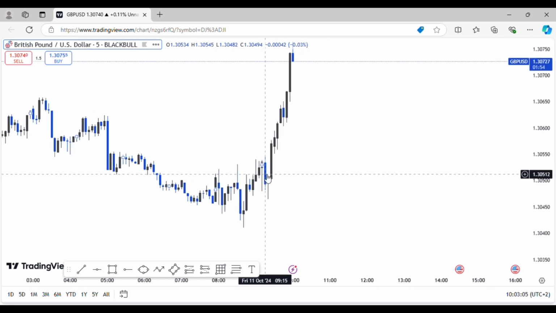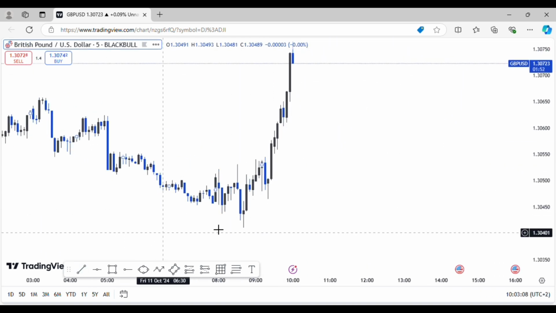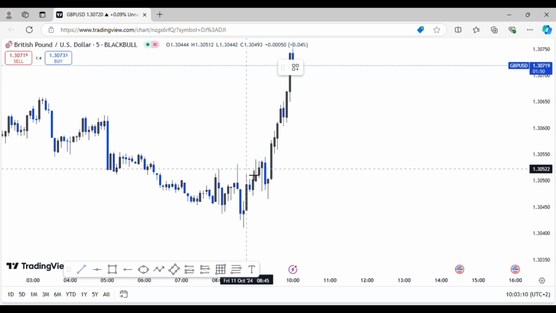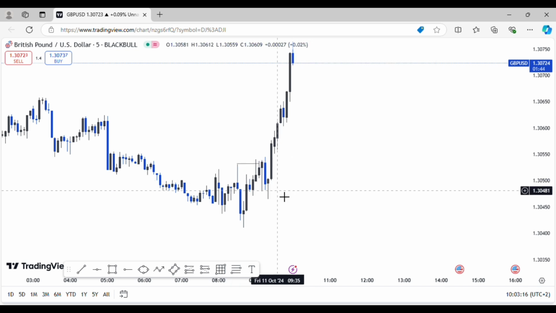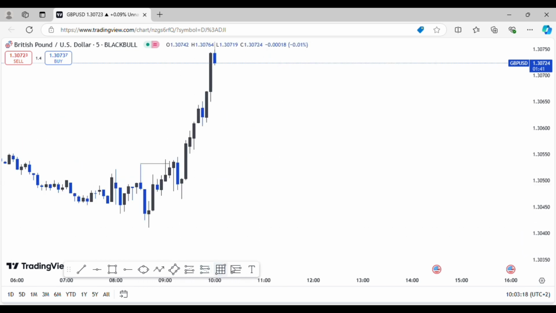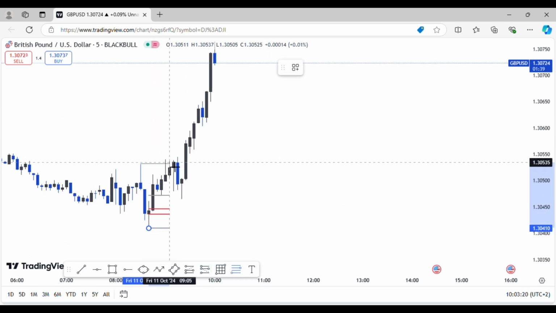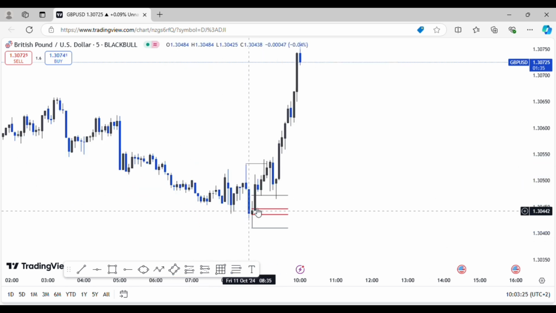On the 5-minute chart, we can all see that, okay, fine, here we are heading to the topside because we had a break of structure there. That's why I always say trade with the trend, guys. Know your market structure, understand. So I'll just simply take my tool from that to that high there. And the market simply came here.